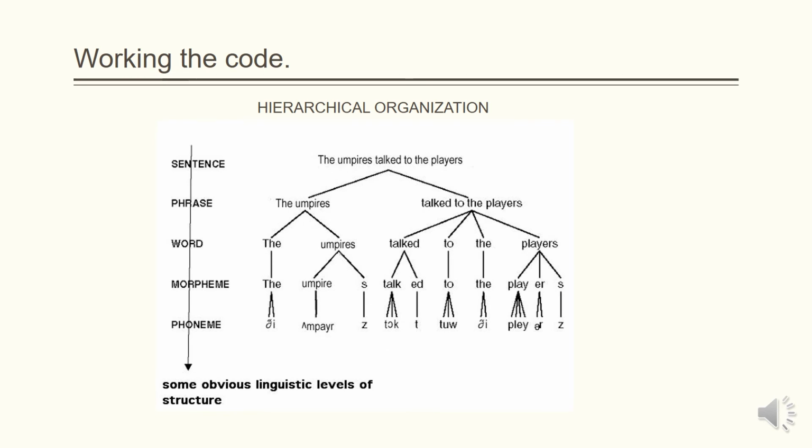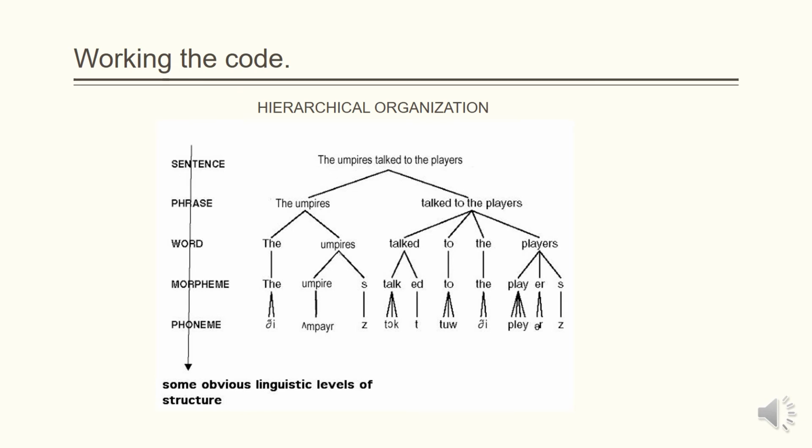Hierarchical organization, okay, we have already dealt with this too. Hierarchical organization is this feature of language that allows us to create, from the minimal elements in a language, larger units, combining, for instance, phonemes into morphemes, into words, into phrases and sentences.